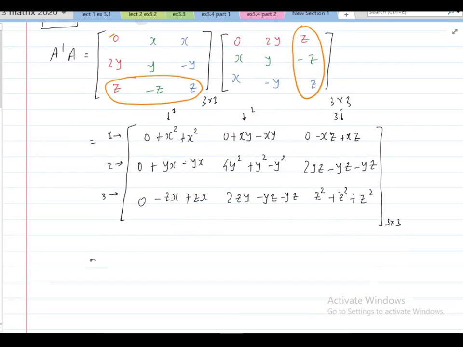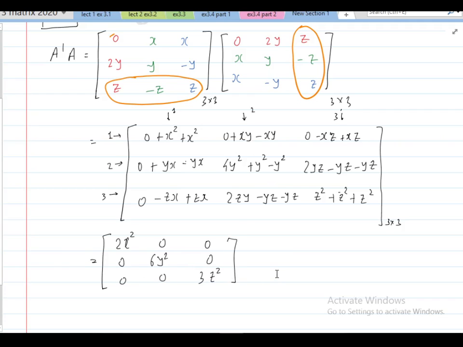So our resultant matrix will be 2x square, then 0 0 0 0 6y square 0 0 0 3z square.